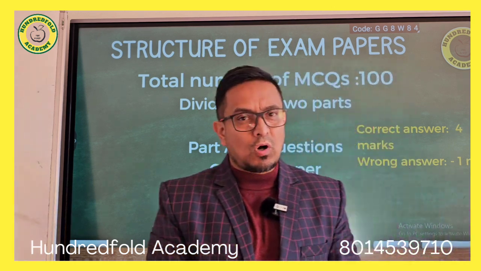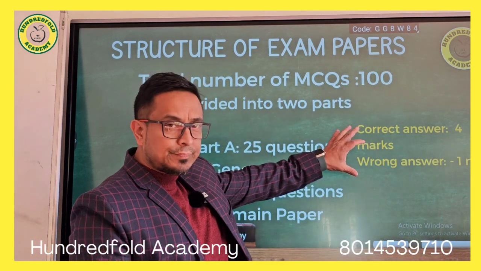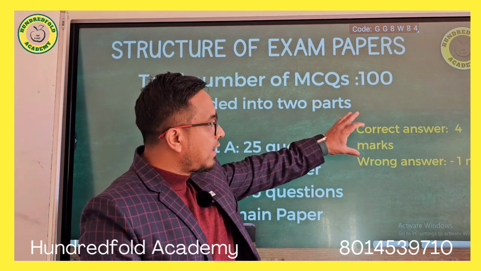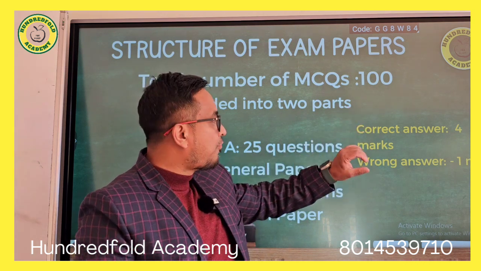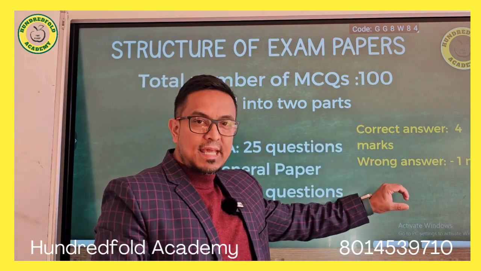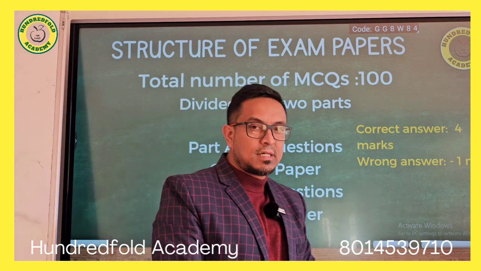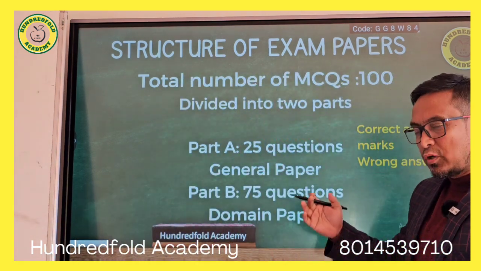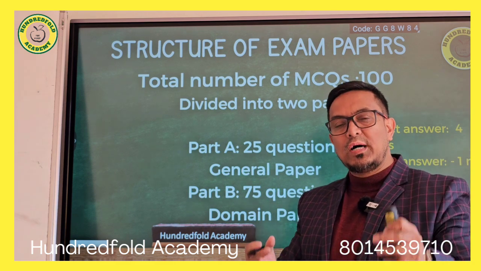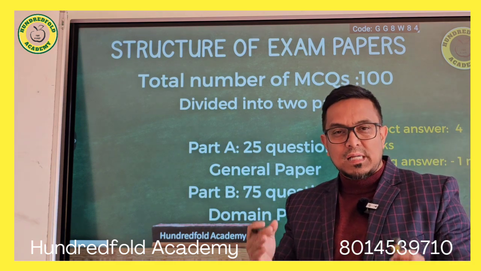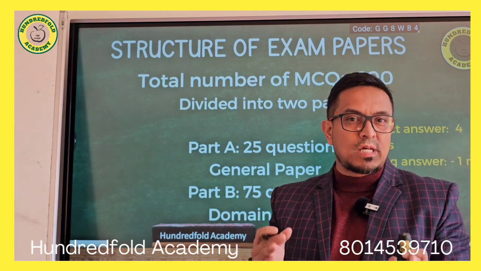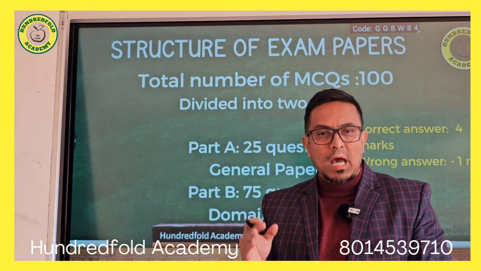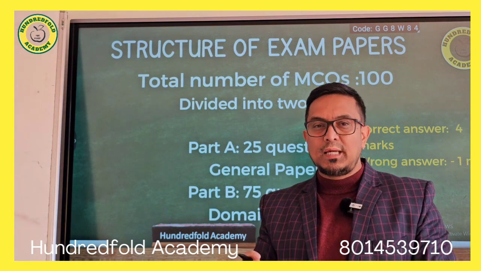You should also understand that for every correct answer, you get 4 marks, and there's negative marking for a wrong answer: you will be deducted 1 mark. So it's -1, and you've got to be very careful as you attempt your paper. Answer first only those that you are very, very sure of, and for those that you are not sure of, do not take too much of a risk.